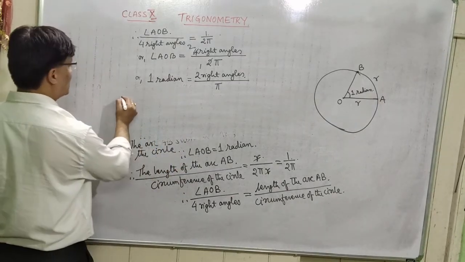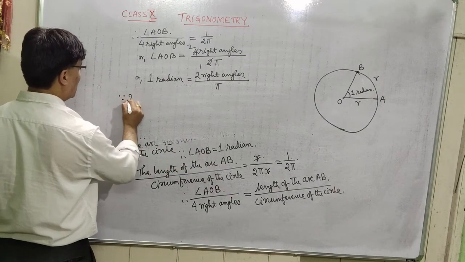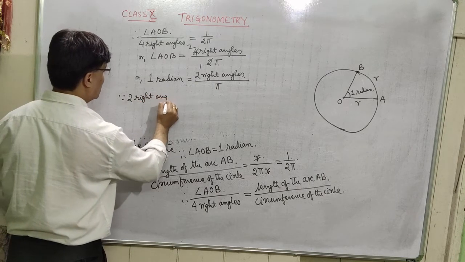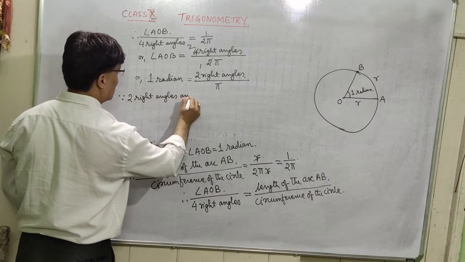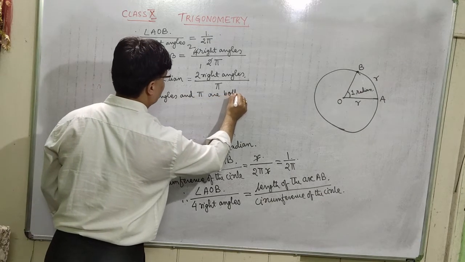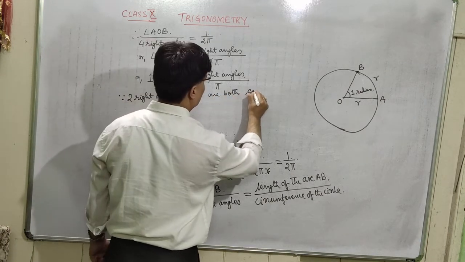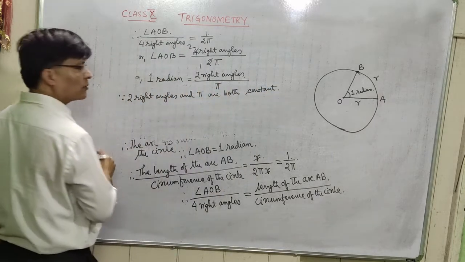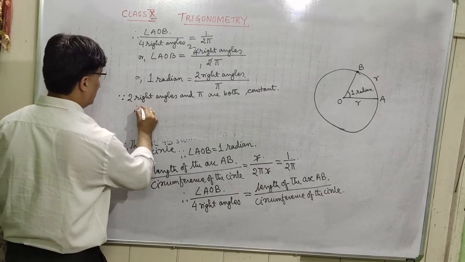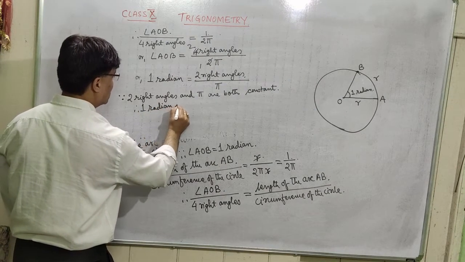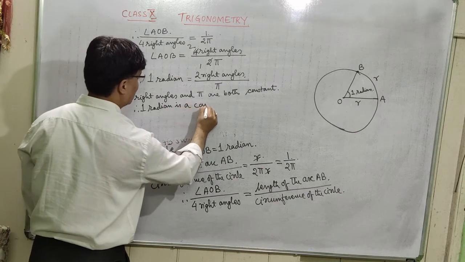So now here, since 2 right angles and pi are both constant, therefore 1 radian is a constant angle.